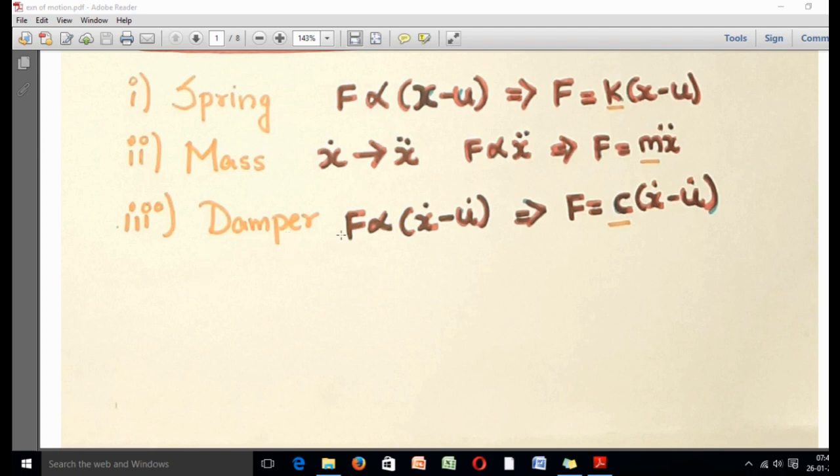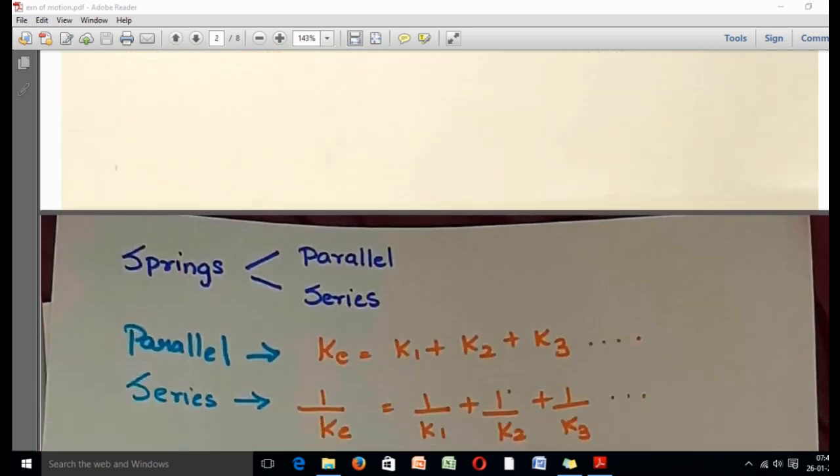I can also write it as F proportional to the velocity, F proportional to x dot, and when I remove the proportionality, it becomes F = C x dot. So we have stiffness, we have mass, and we have the damper.